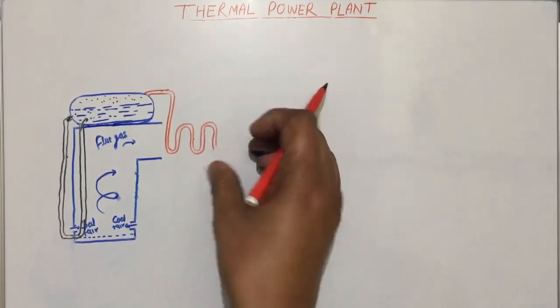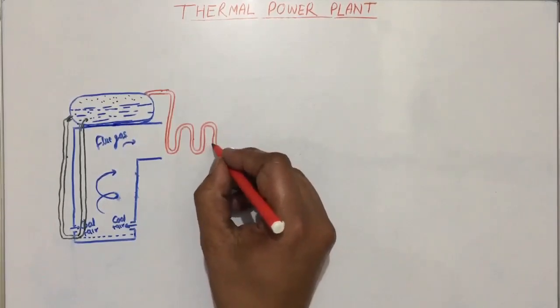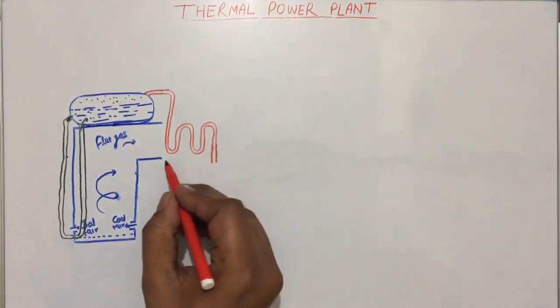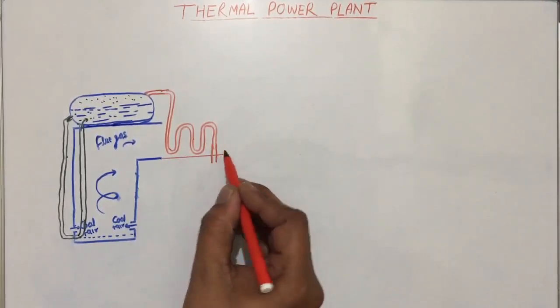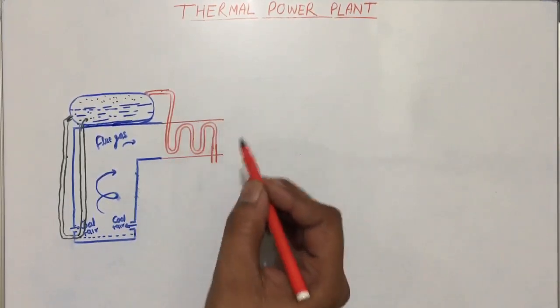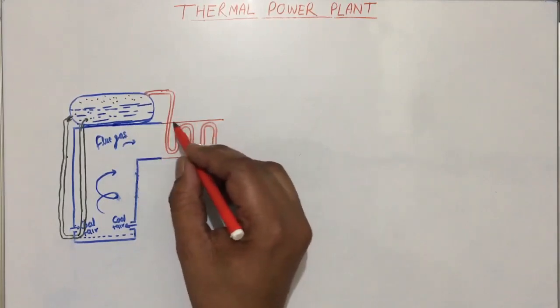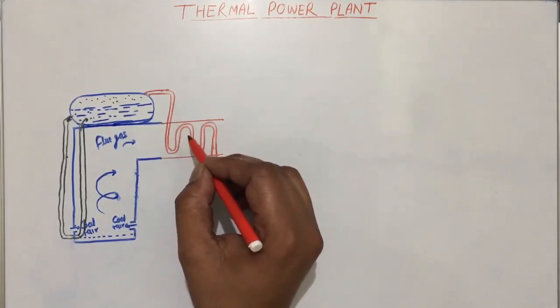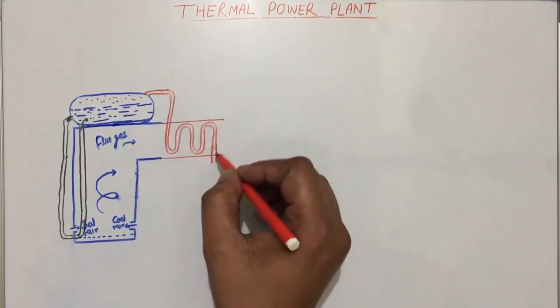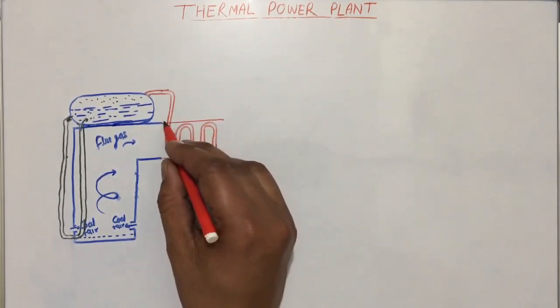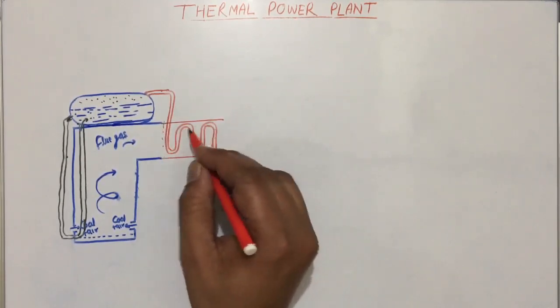So in this way the flue gases further increase the temperature of the steam that is passing through this tube, and this section is known as the superheater.